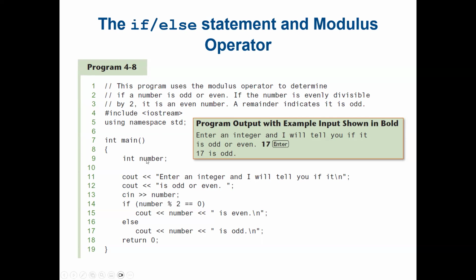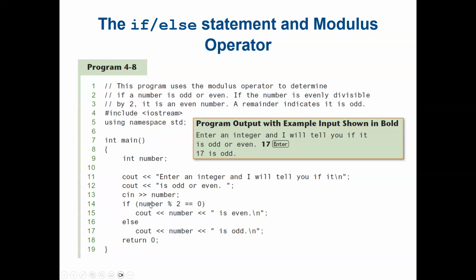So here we declare a variable named number. We tell the user to enter an integer and then tell if it is odd or even. So we enter the number, and we test if it's even. We do number modulus 2. Dividing a value by 2, if the remainder is 0, that means it's an even number. If the remainder is not 0, it means it's an odd number.